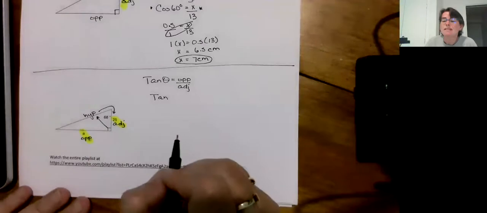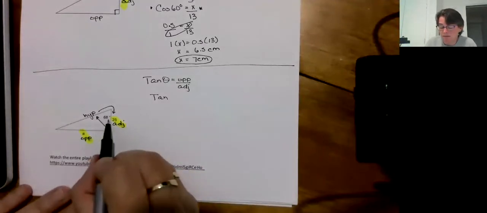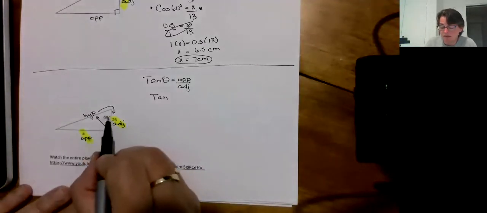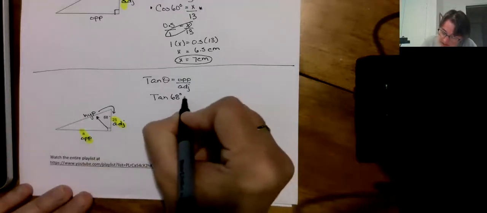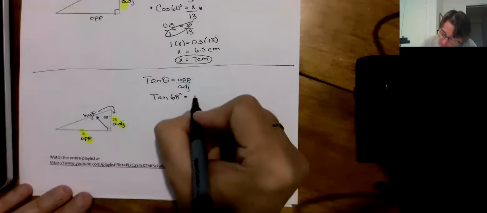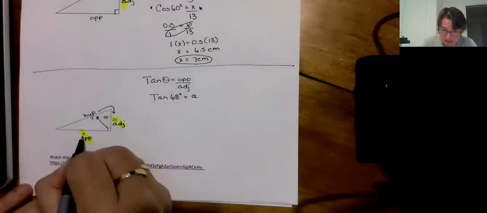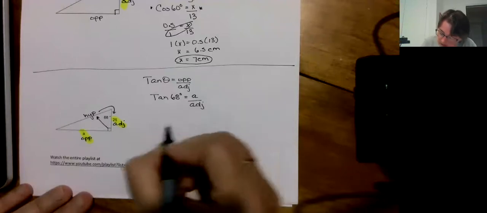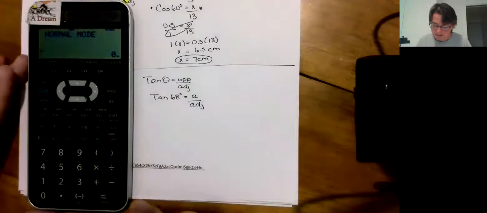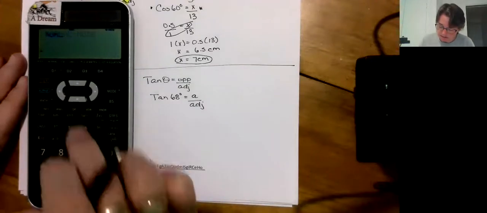Always make sure, if you know the angle, it's normally inside, but also look for that little degree symbol. And on there, 25 is opposite. And I'm going to put an A, because that's what it's got there, over adjacent. Tan 68.2 degrees. I don't know, I'm going to say 1.7, just because I have no idea.